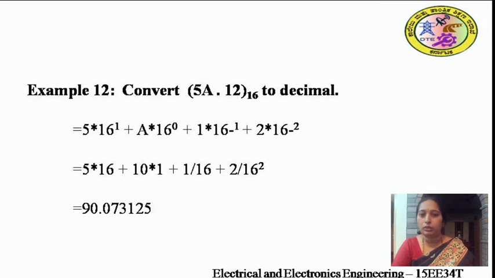This is for the integer part. For the fractional part, I should start with the digit after the decimal point: 1 is multiplied by 16 to the power minus 1 and 2 is multiplied by 16 to the power minus 2. So the answer I have got is 90.073125.